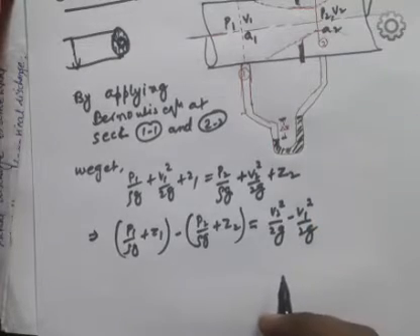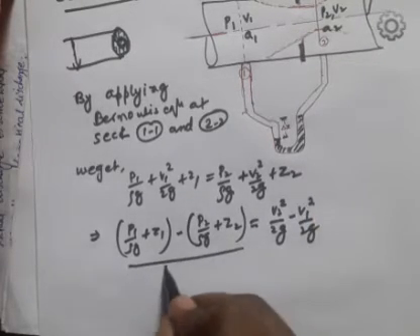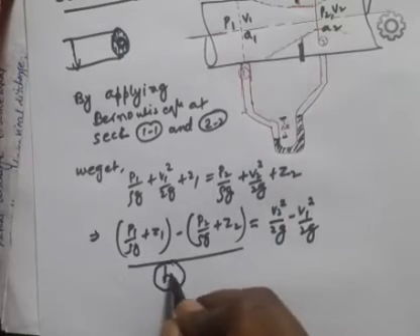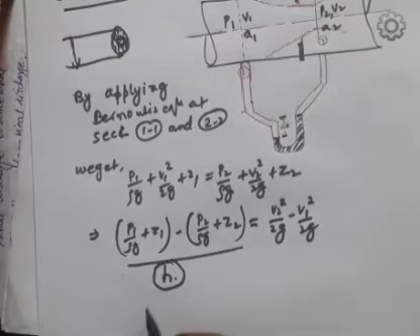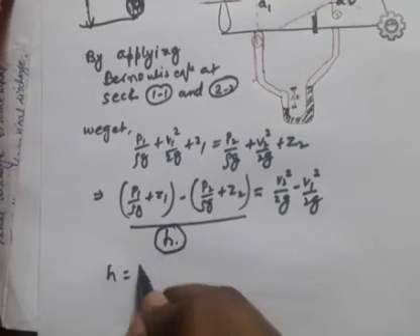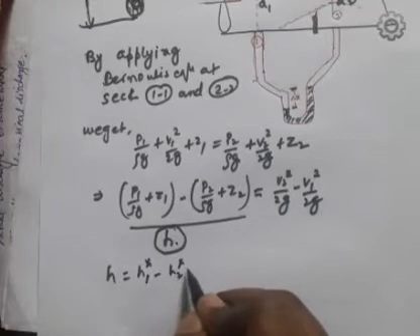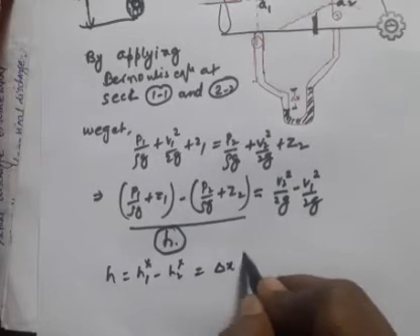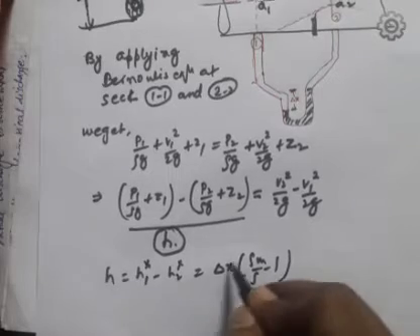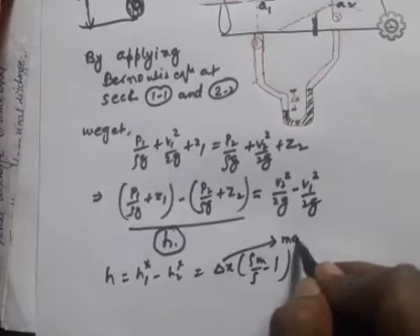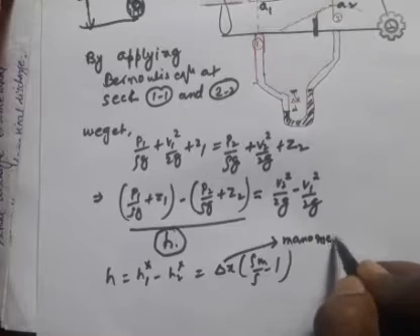So it is differential head. We can write it is differential head H. And what is the value? H is equal to, as we have studied in the previous class, H1 star minus H2 star equals del x into rho m by rho minus 1, where del x is manometric deflection, manometric difference.